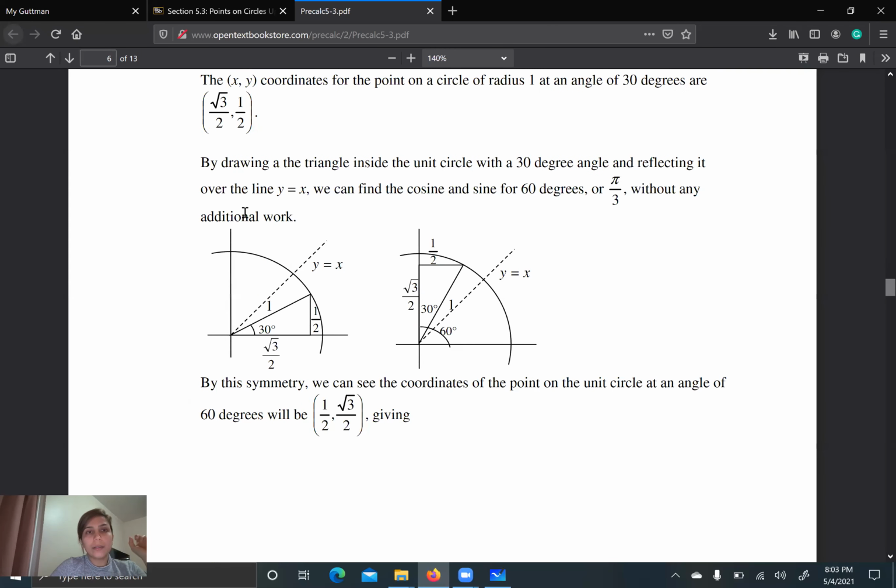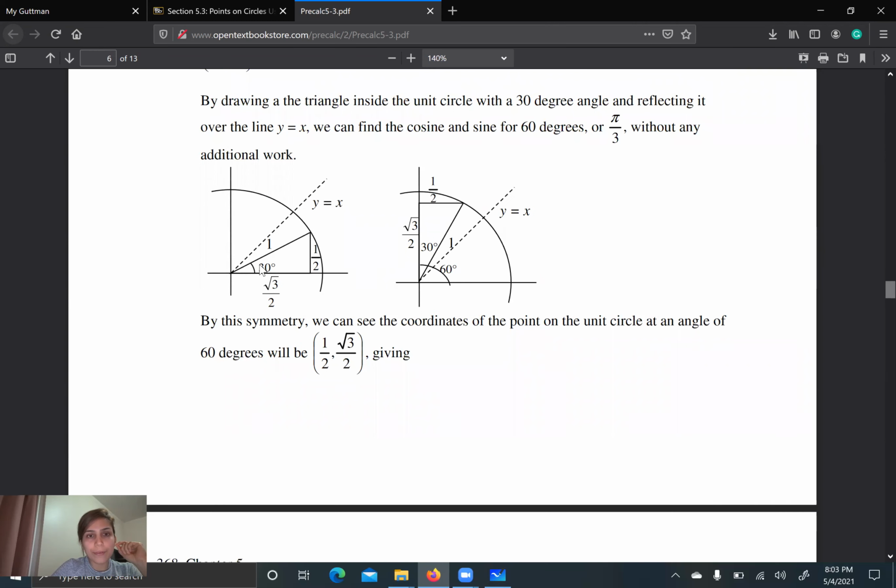I'm not going to repeat exactly the same thing for 60 degrees, but let me show you why. In the left graph, you see the triangle corresponding to the angle of 30, right? We draw the triangle inside the unit circle with a 30-degree angle.